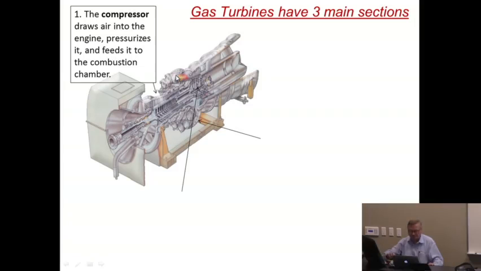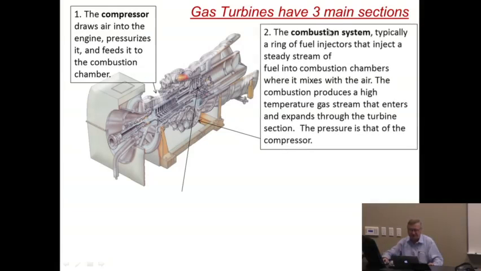Then it feeds it into the combustion chamber, which is the second system. The combustion system is a ring of things right here, typically a ring of fuel injectors. They inject a steady stream of fuel into combustion chambers, which I can't quite see on this picture. And the fuel mixes with the high pressure air that comes from the compressor.